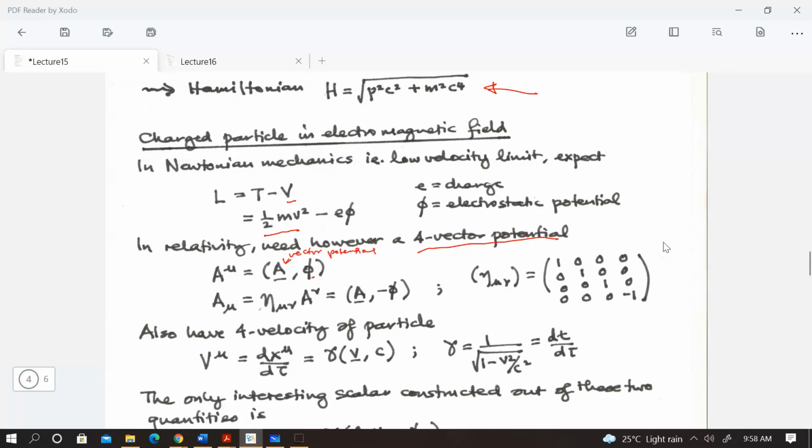Somehow this Lagrangian that we have for the case of Newtonian mechanics will have to be replaced using this four-vector potential. This is just getting your covariant case, which is the same thing, but your fourth component is replaced by a minus sign due to this minus sign over here.